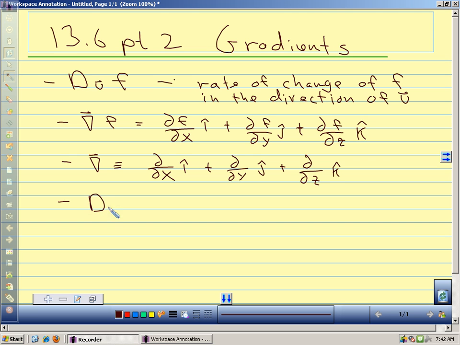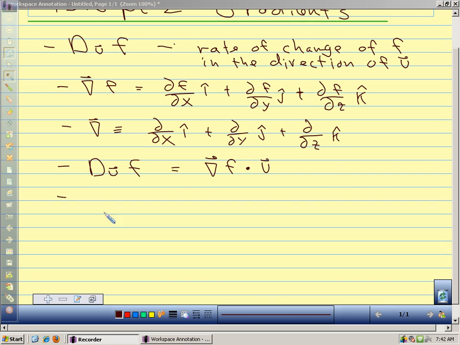The directional derivative in terms of del of our function is just del f dot u. And finally, at the end of what we talked about on Friday, we said that del f points in the direction of the maximum directional derivative.